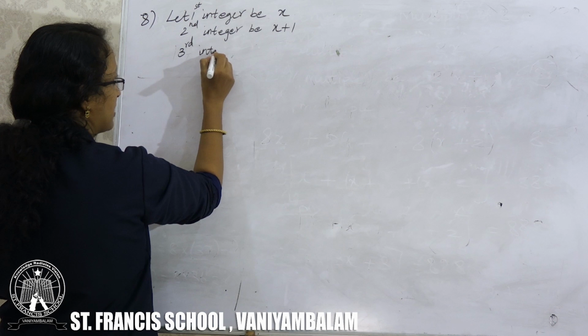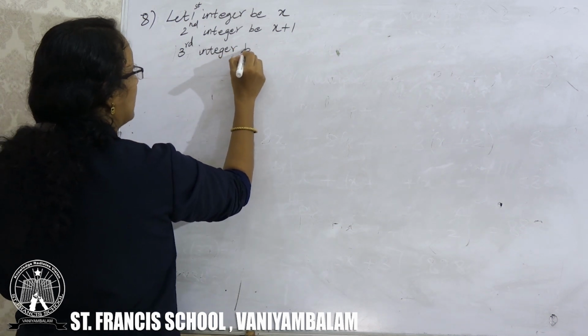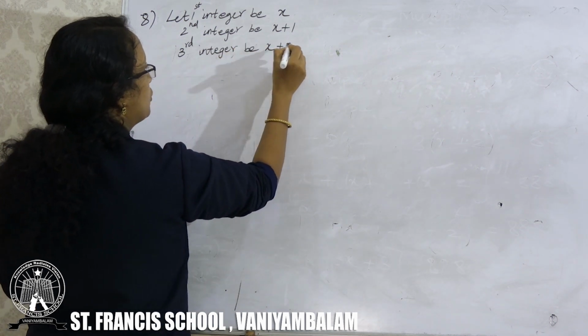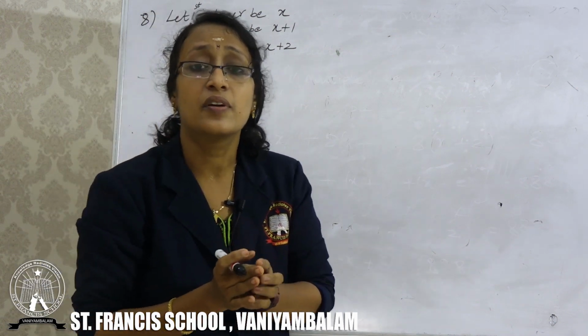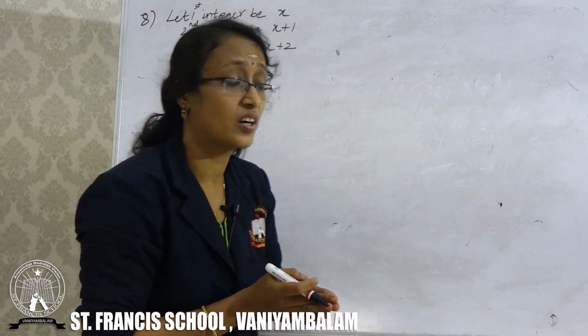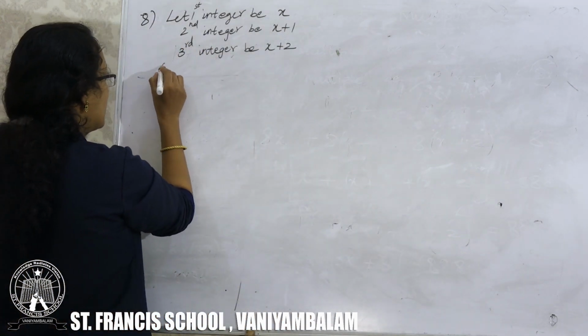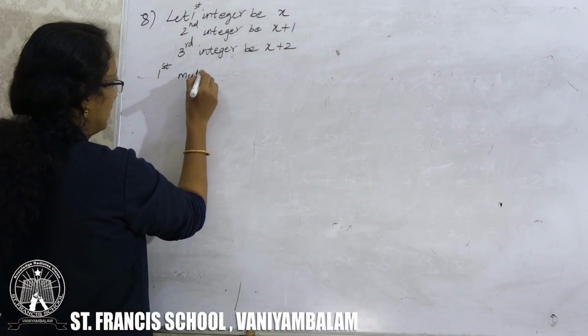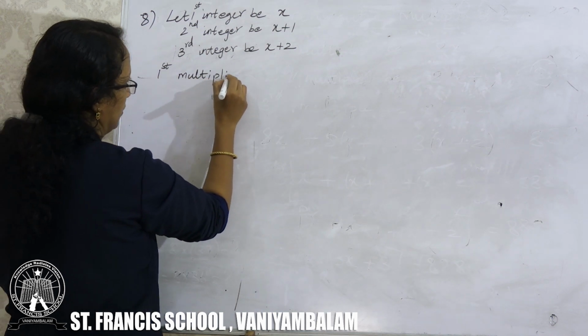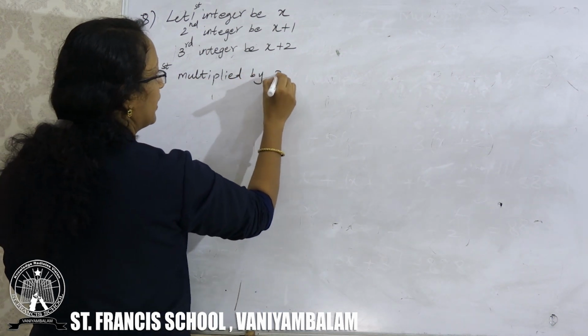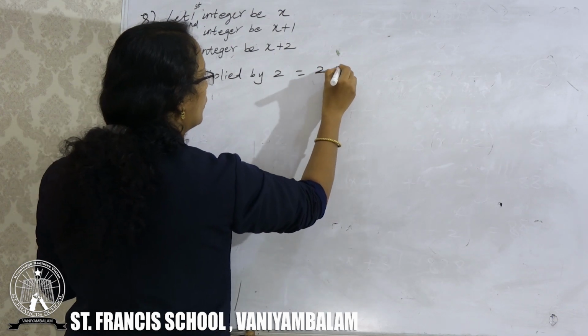So if one is x, the next one is x plus 1 and the other one is x plus 2. And it is given, taking in an increasing order, multiplied by 2, 3 and 4. So the first integer multiplied by 2: 2 into x.